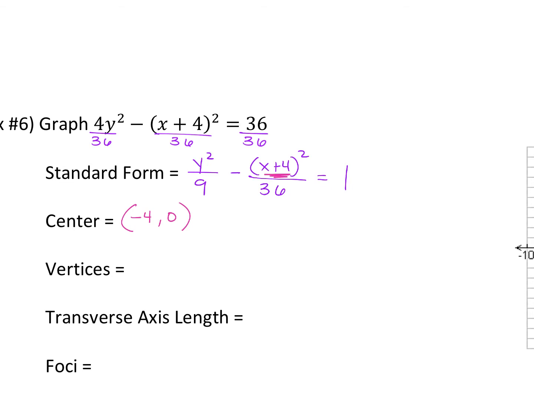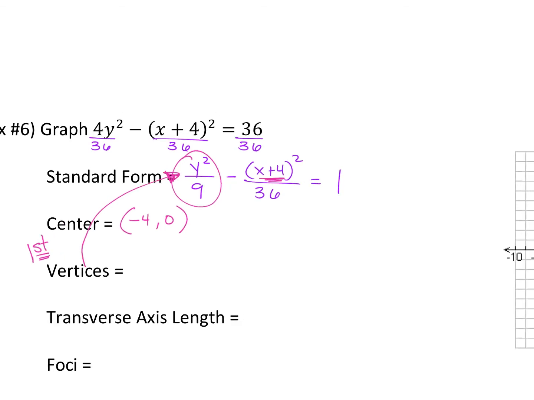Are your vertices coming from the y squared over 9 or the x plus 4 squared over 36? In other words, from which comes first or from which is bigger with a hyperbola? Vertices come from which comes first, right? So that's going to come from this information. Okay, so let's think about this.